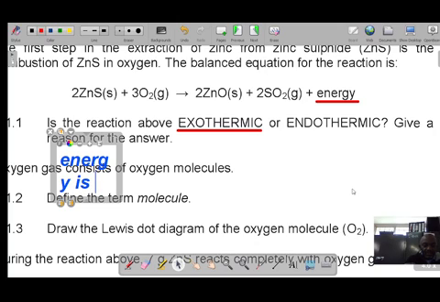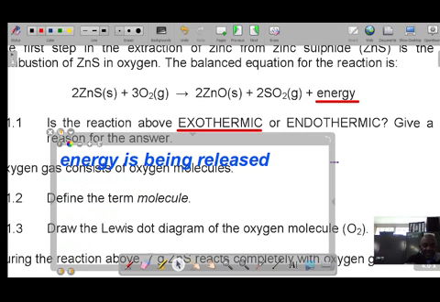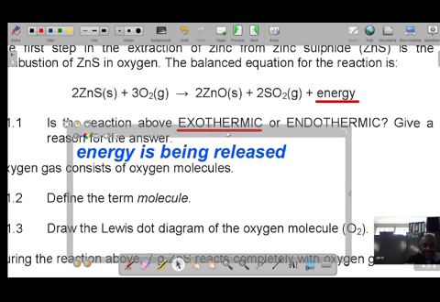That's why it's called an exothermic reaction. Okay. Next.